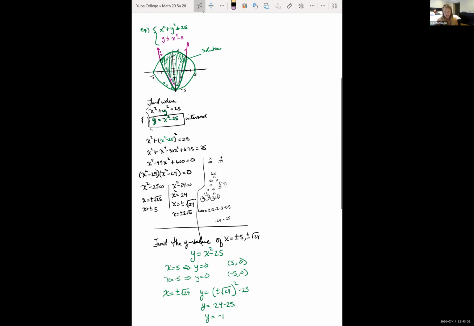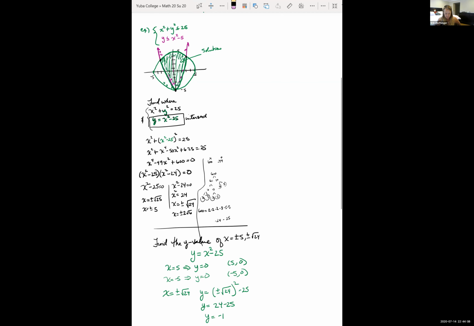Okay, so remember I said that there could be extraneous solutions, and this might be a case where there is. My graph could be off. Let's see. X is 0, y is 5. This doesn't look right. Something's off.